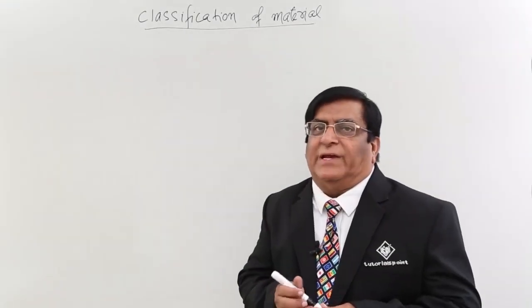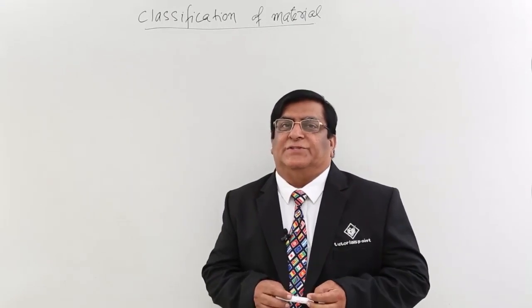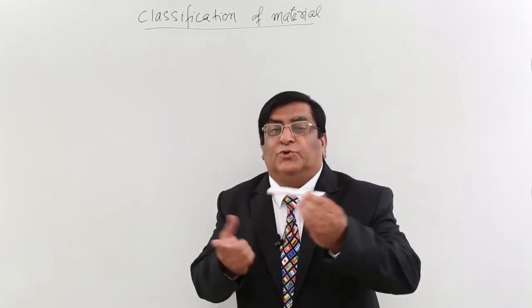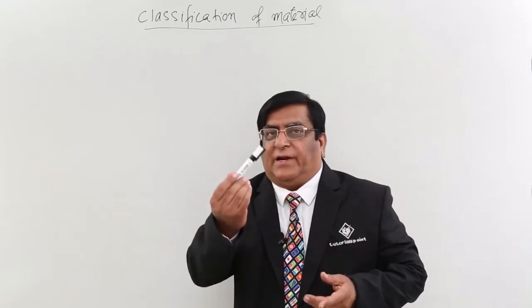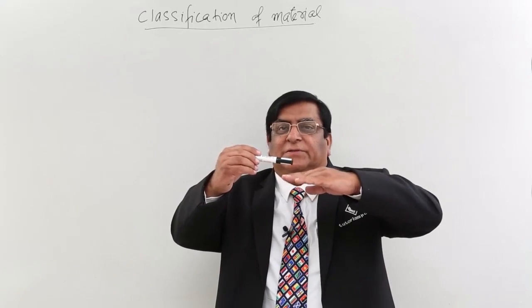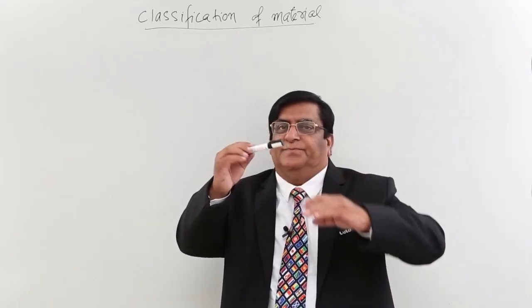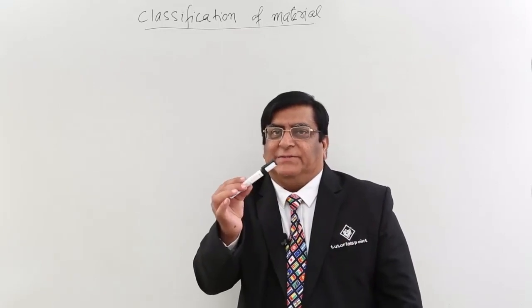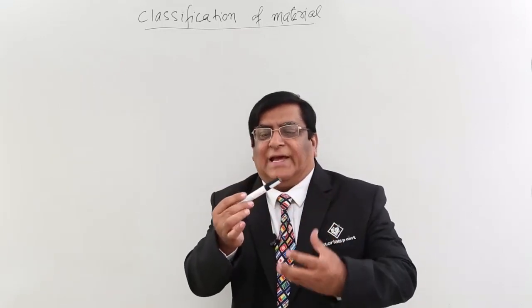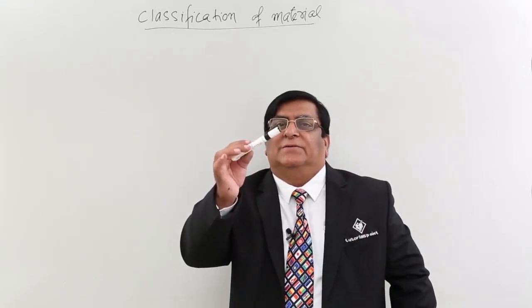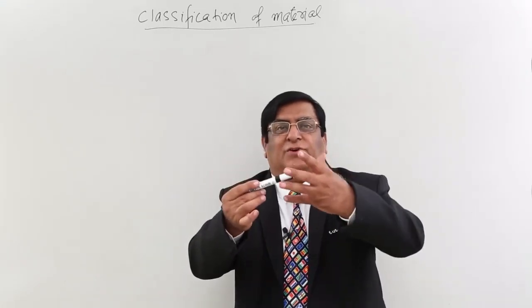Classification of material, how we classify material with reference to electric charges. Motion. Motion means what? If I rub this plastic and lift the papers, it will do because it is charged. If I rub a metal plate, copper, silver, then I see that it is not lifted because, answer, it is not charged.